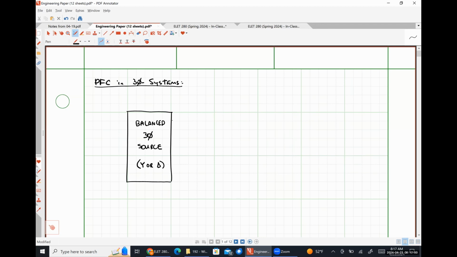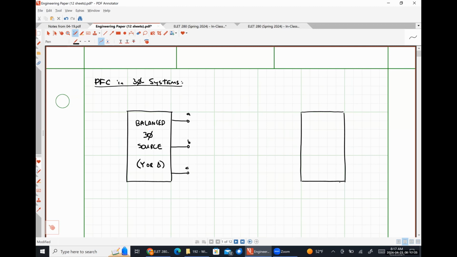We will always have access to transmission line terminals A, B, and C, like so. Over here, I'm going to put a balanced three-phase load. And once again, it will not matter whether it is connected in Y or delta.